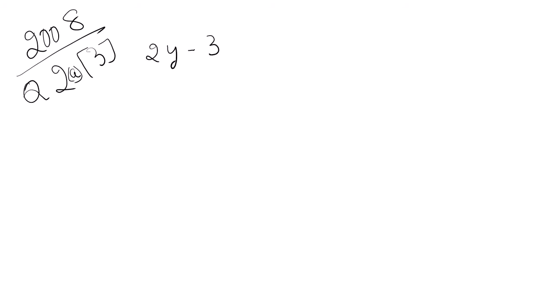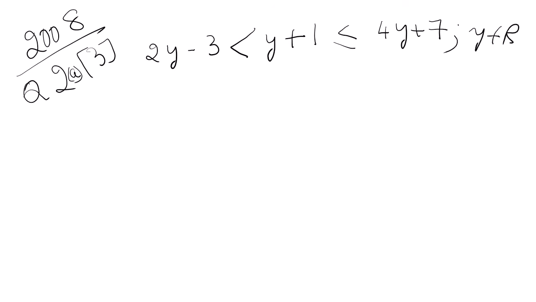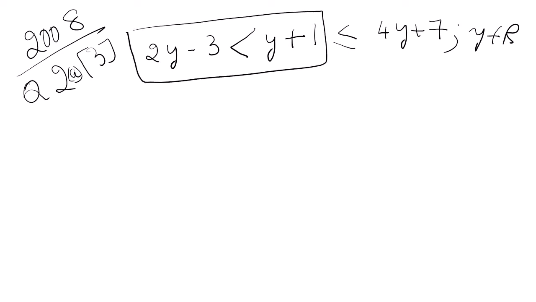Okay, so the question is 2y minus 3 is less than y plus 1 is less than or equal to 4y plus 7, y belongs to R. So instead of x it is y now. So again there are two parts.